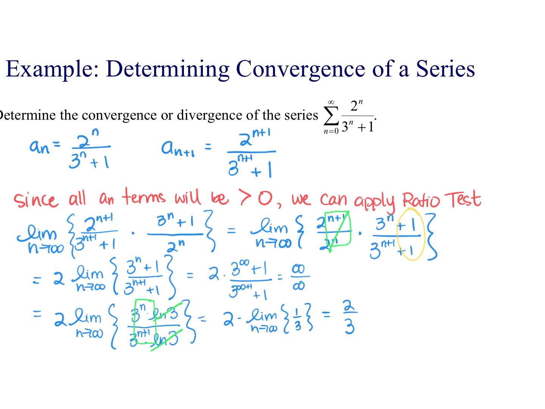So then we have our final conclusion. Since L turned out to be 2/3 and 2/3 is less than 1, we conclude that the series converges.